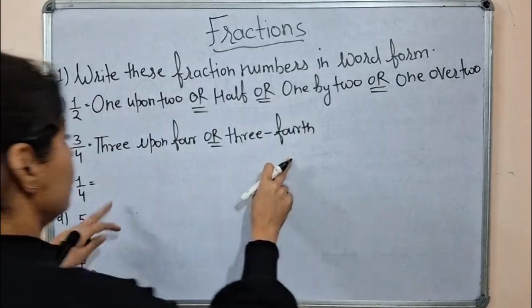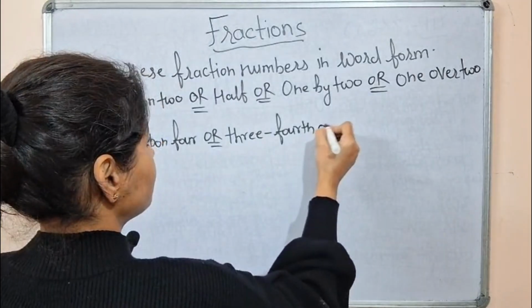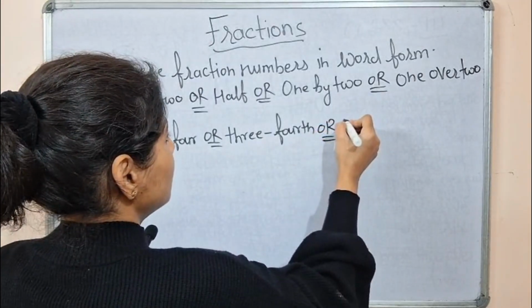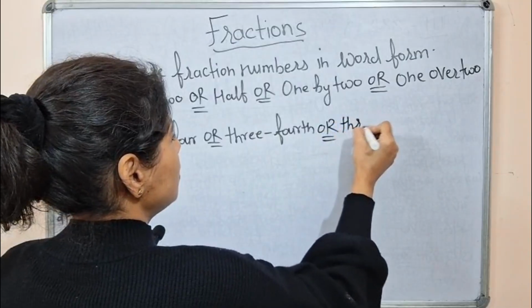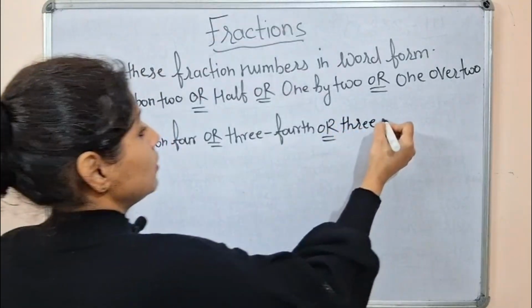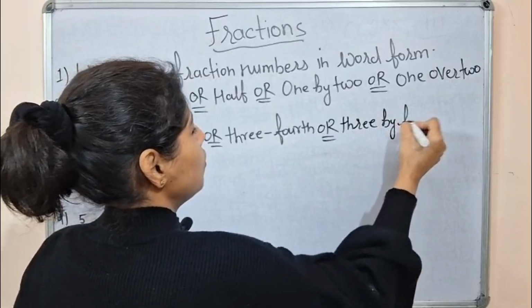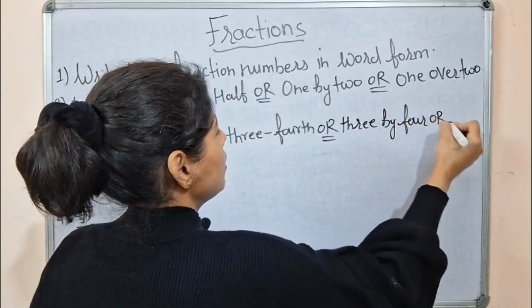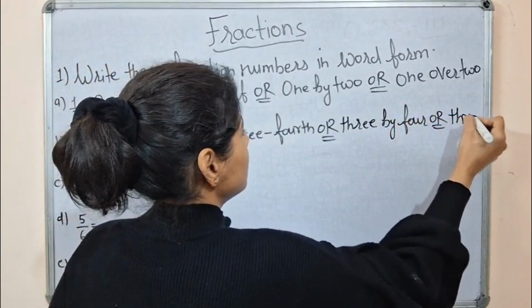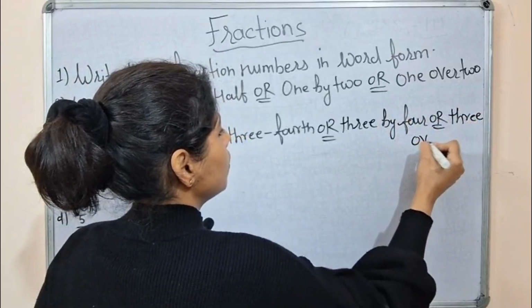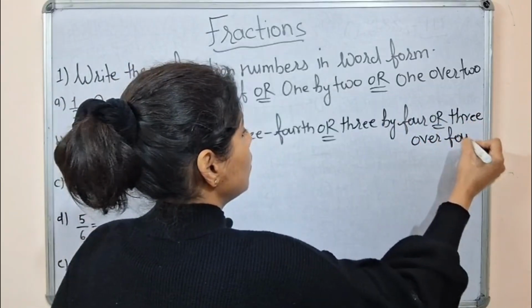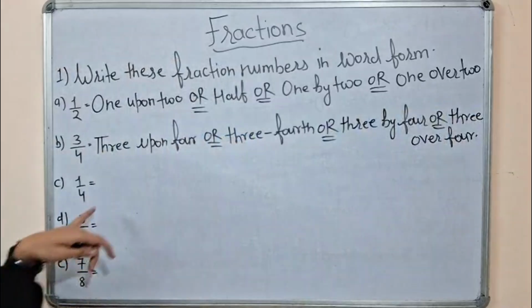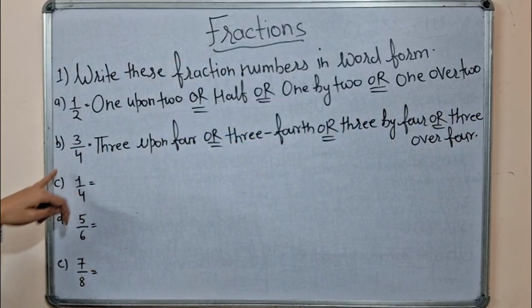So 3 upon 4, or three fourths, or 3 over 4.